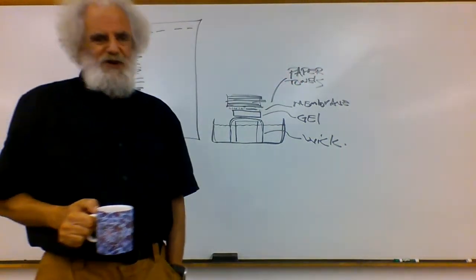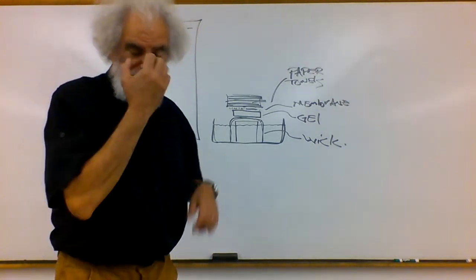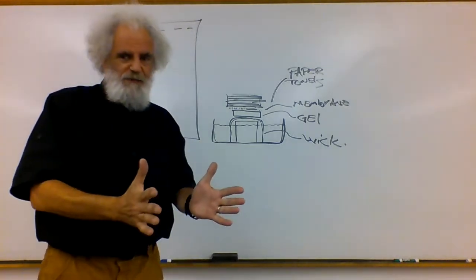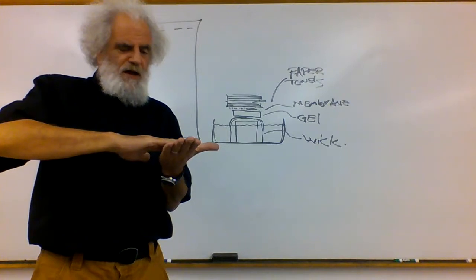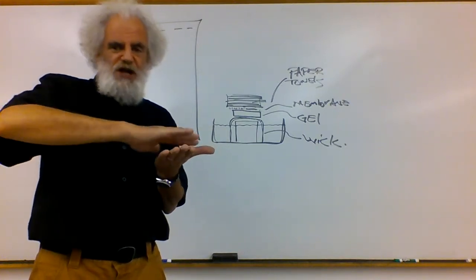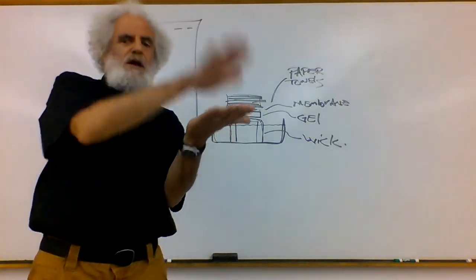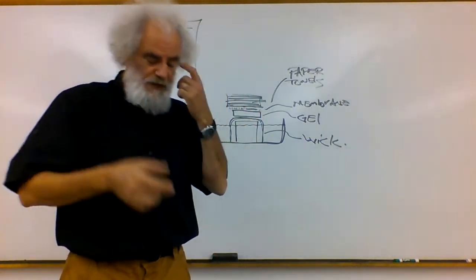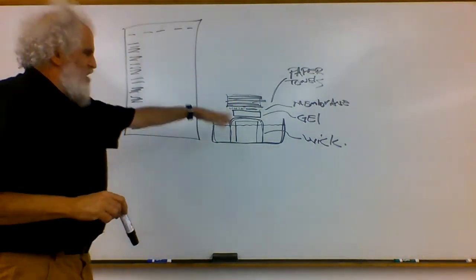Now, what I started doing and realized is a lot easier is rather than setting the blot up like this, you do it backwards, where you get a big stack of paper towels, put the membrane down, put the gel down, and then take a sponge soaked in the saline solution, plop that on top, and you pull it down. You don't have to have this big bucket of solution. So that's the standard way, though.